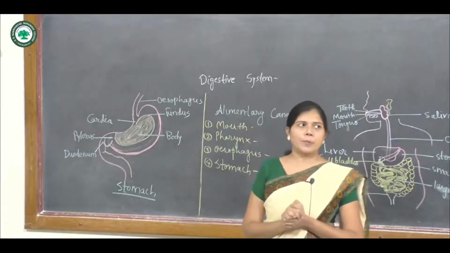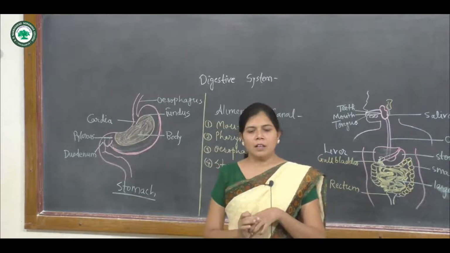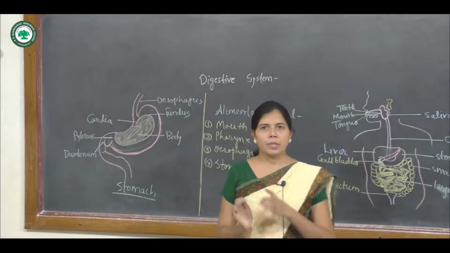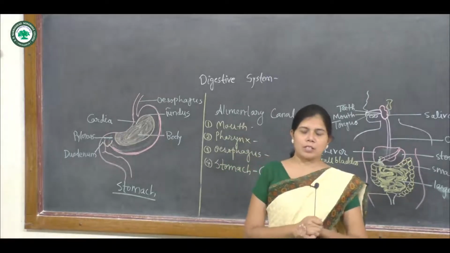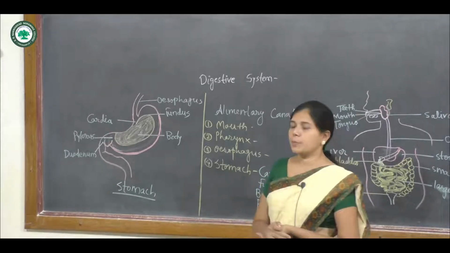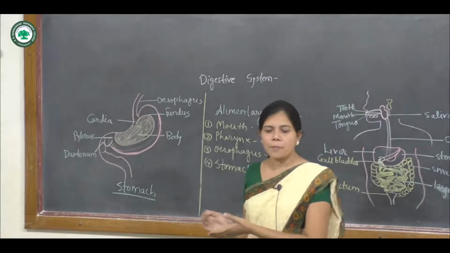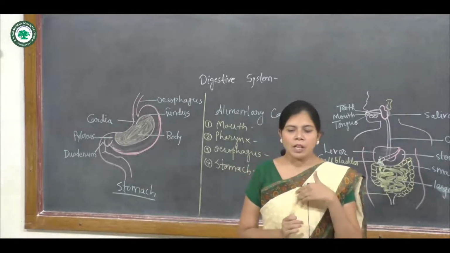The cardiac sphincter prevents the backflow of food from the stomach to the esophagus.